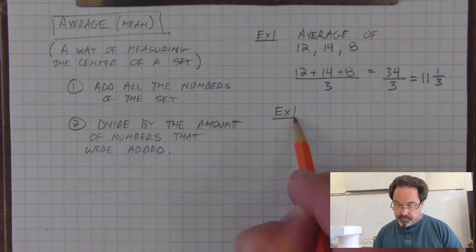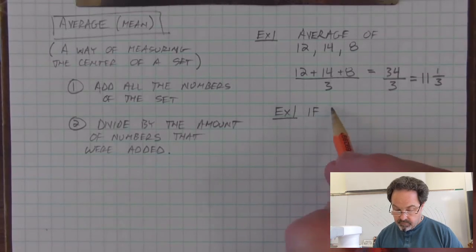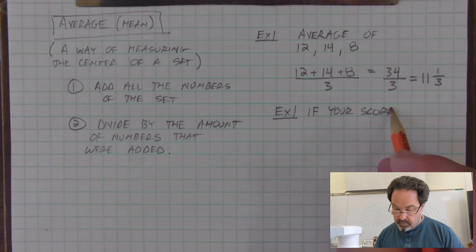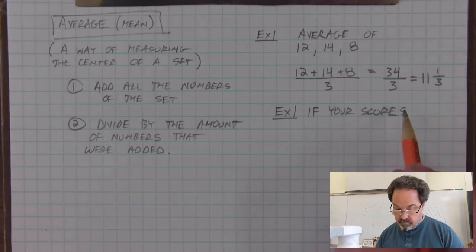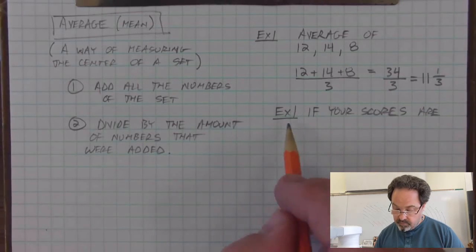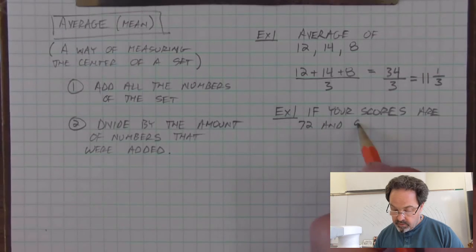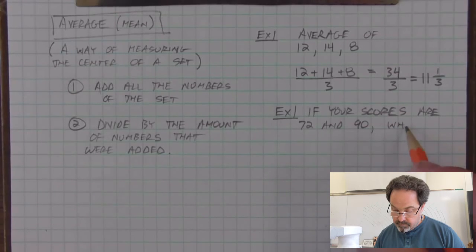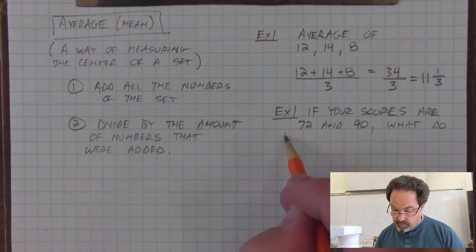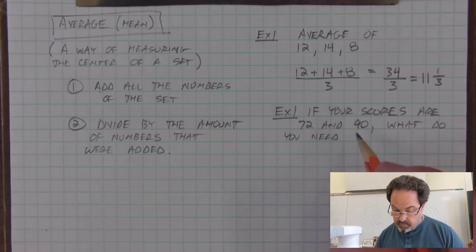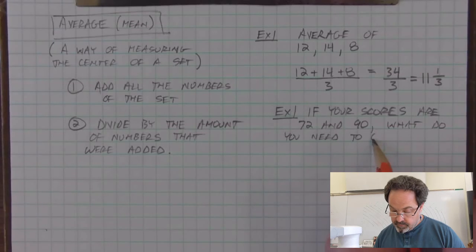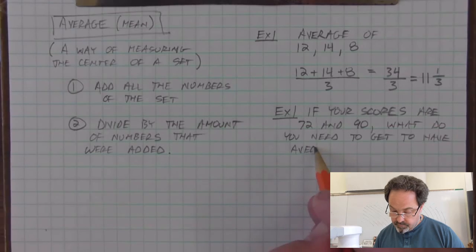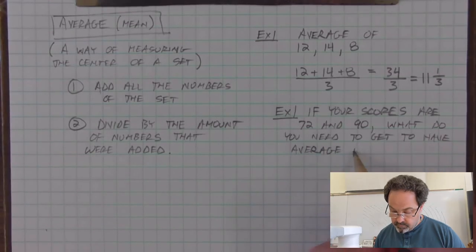Let's give one more example. If your scores, let's say on a school exam, are 72 and 90, what do you need to get on a third exam to have an average above 80?